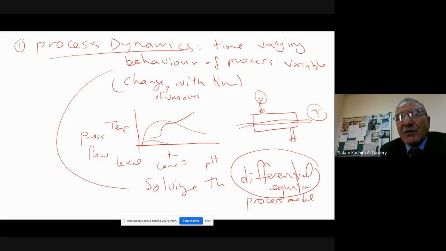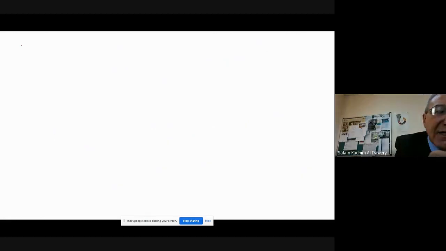So we'll first study the model of the process, and then go on after that to continue our subject. That's the first part, the process dynamics. We are going to study it for around 6 to 8 weeks, and then we go to the other part. The second part is process control.